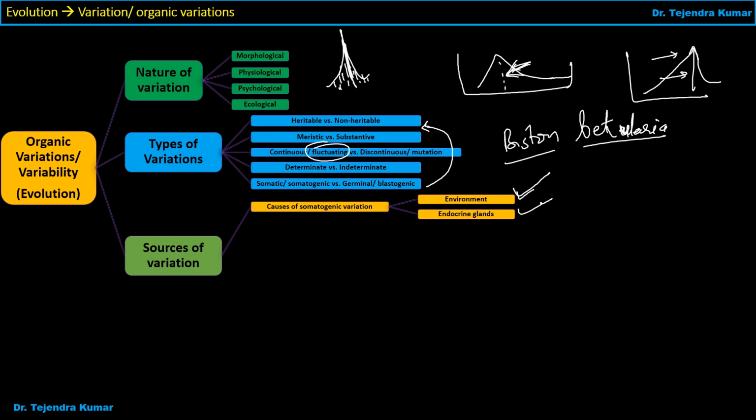Endocrine glands are also changing some characters, and these characters are hormonal, due to hormone secretions. Endocrine glands secrete hormones, and that's why these different types of variations are generally seen among them. As I told you, those living on the equator are generally darker compared to those living in mountain areas or towards the north pole or south pole.